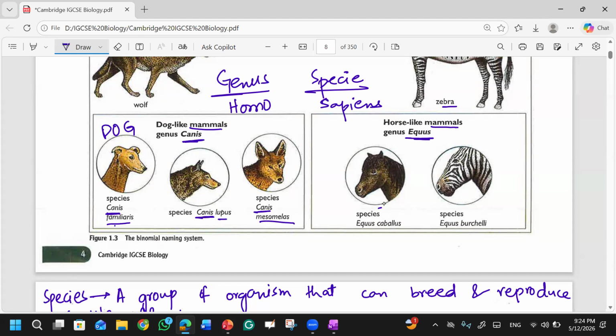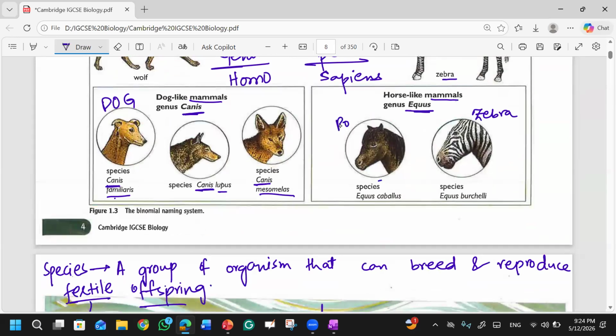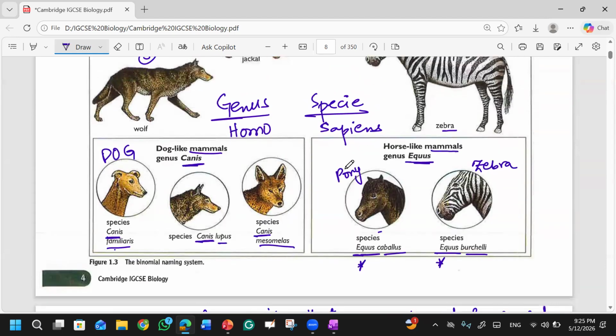And for this, you have zebra and you have pony. This is Equus caballus. This is Equus burchellii. So the genus of these two is the same. Clear? But the species are different.